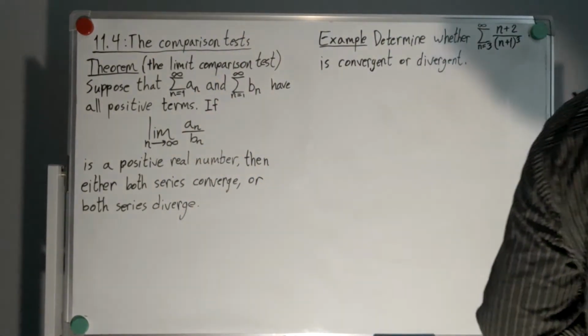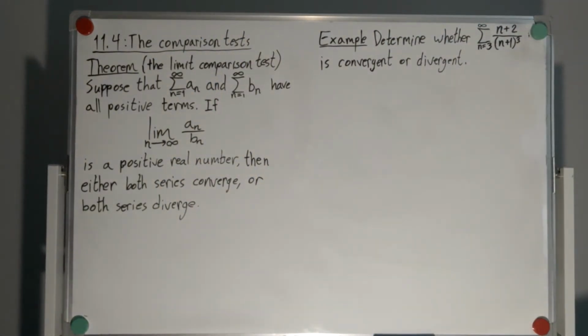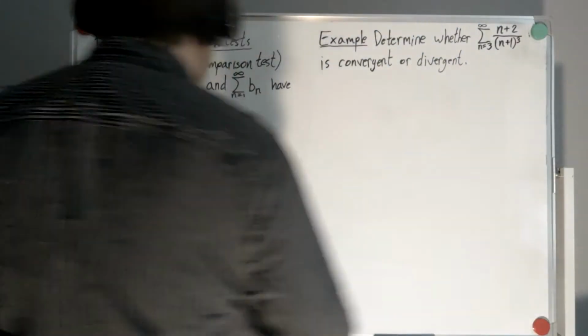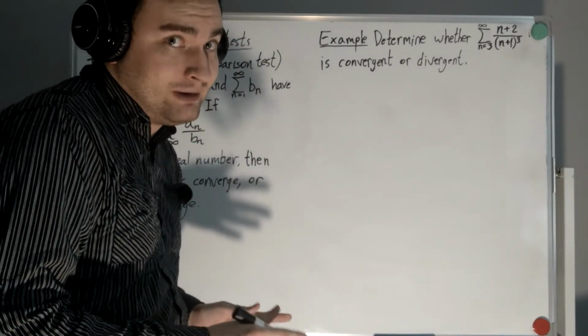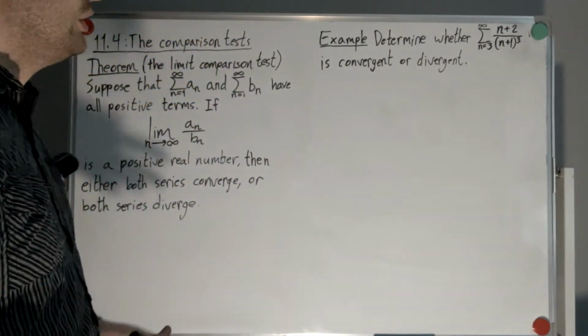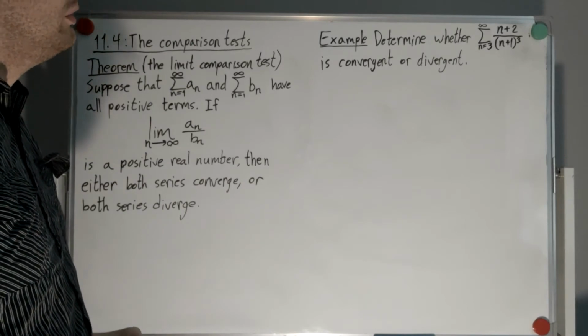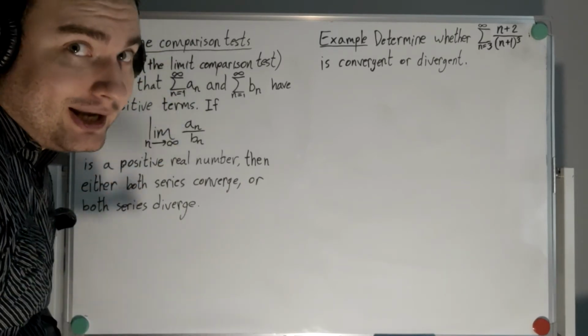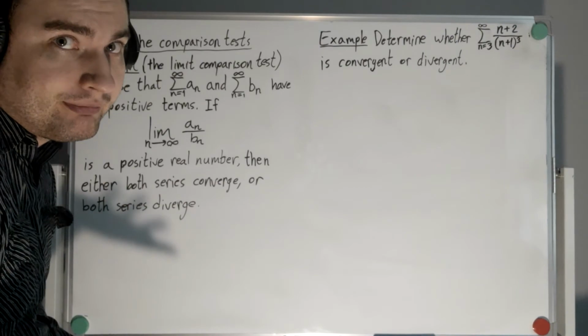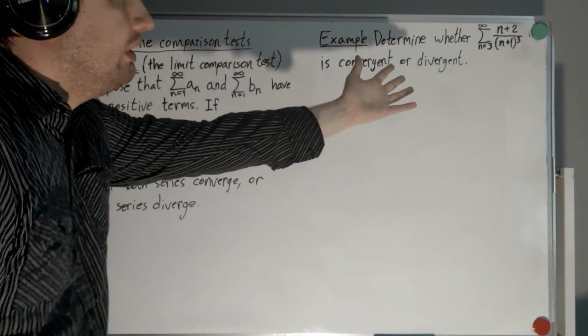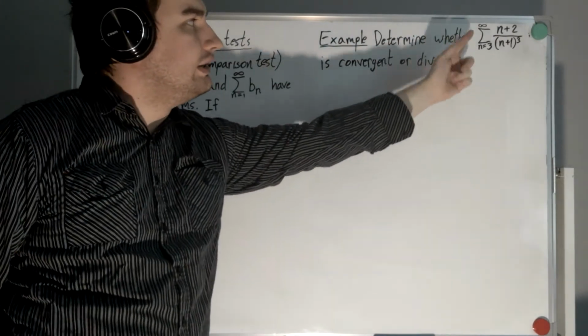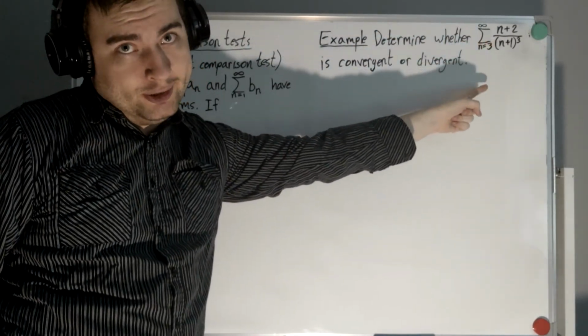Alright, so n plus 2 divided by n plus 1 cubed. Well, that's a little bit stupidly complicated, right? So, if you could decomplicate it, how would you do so? Well, for me, I look at this and I say, well, this would be a lot easier to work with if that 2 were gone and that 1 were gone.